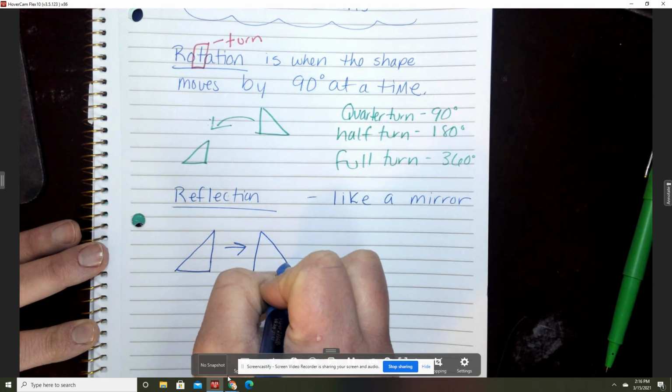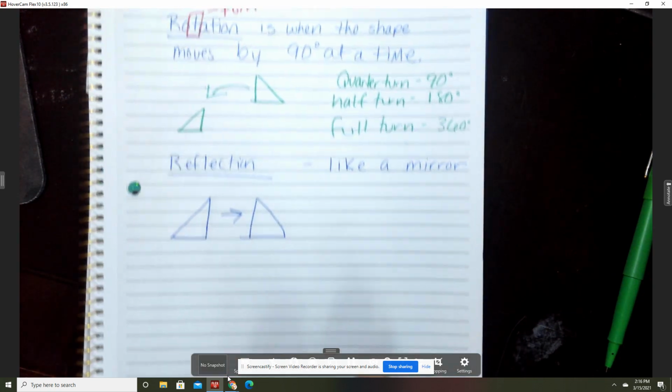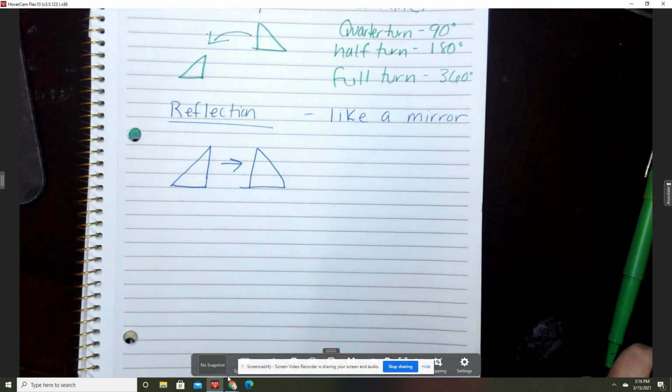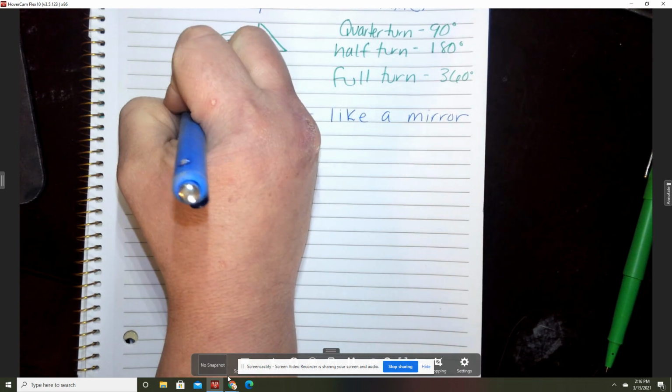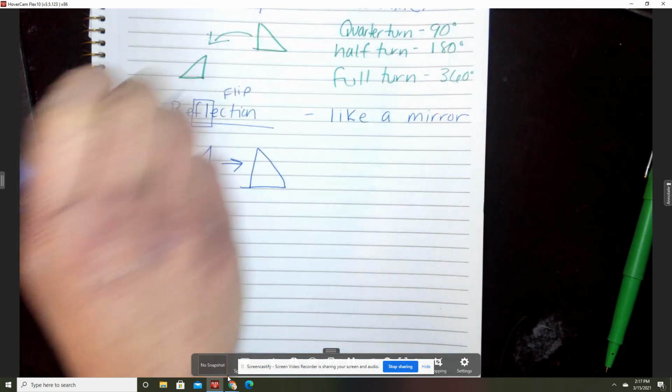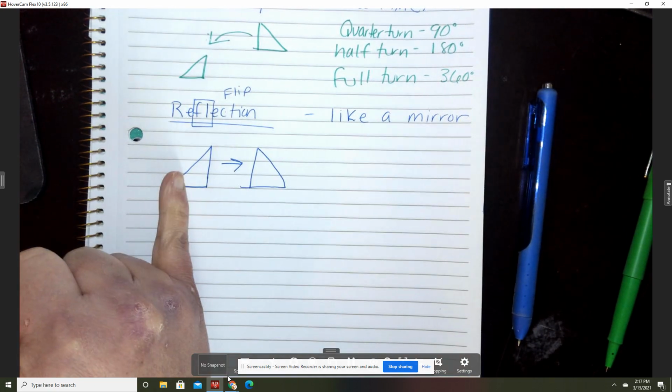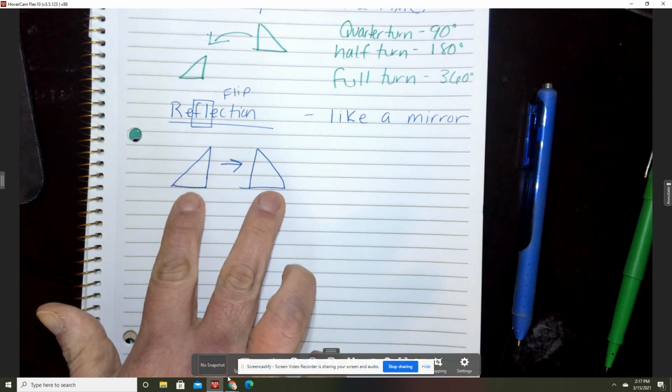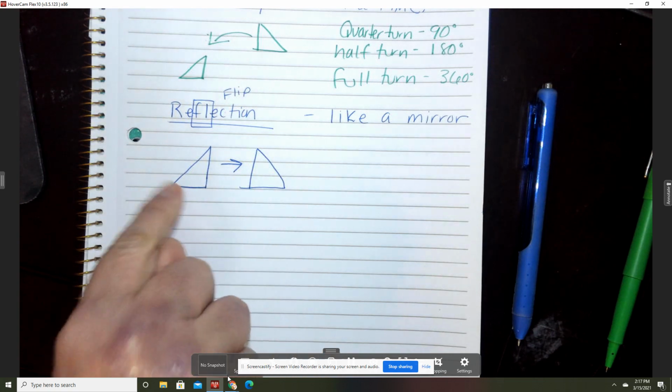So it's going to be backwards. And this is flip. Okay? It flips over, right? Again, these are supposed to look exactly the same, but I can't draw. So this is a flip.